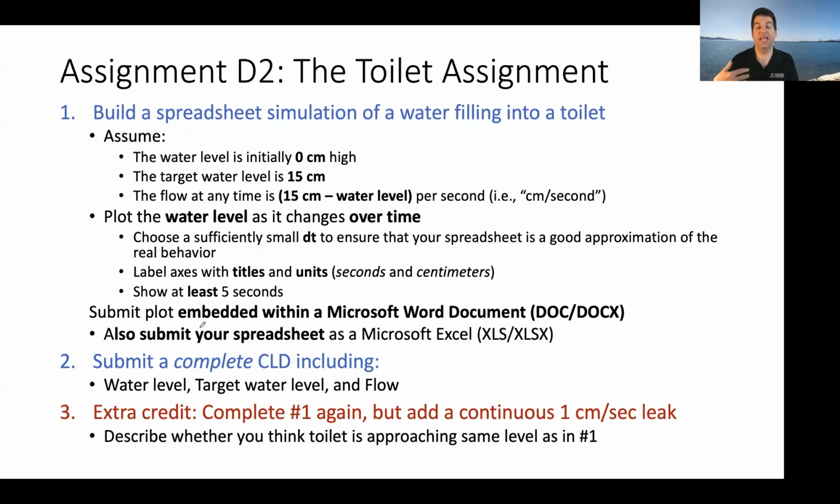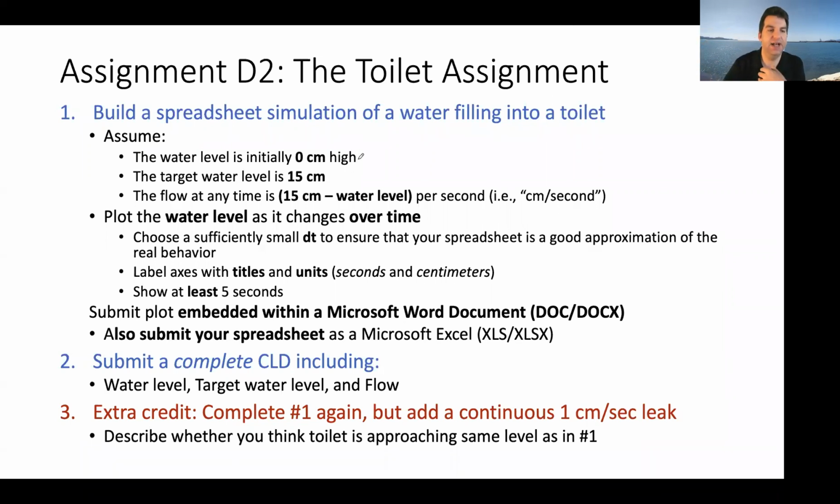Now we're going to simulate a toilet, which is a balancing feedback loop. The idea here is that we are simulating what happens after a toilet is flushed and starts refilling. So it's an empty tank, and we are simulating the trajectory of the water as it comes into the toilet and eventually settles down and levels out at a particular level.